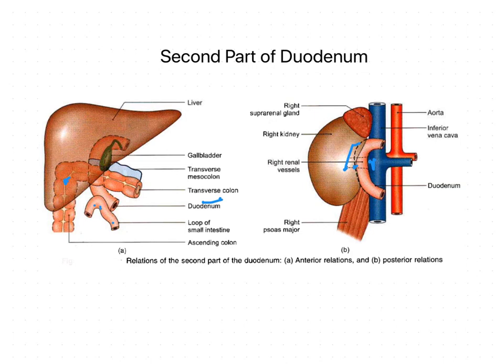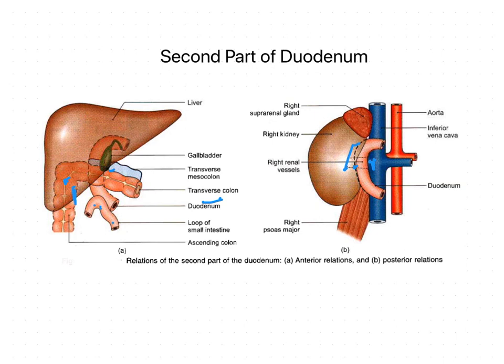Next, medially the pancreas, bile duct, and pancreatic ducts are related. Laterally, the right colic flexure is related. So this is about the second part relations.